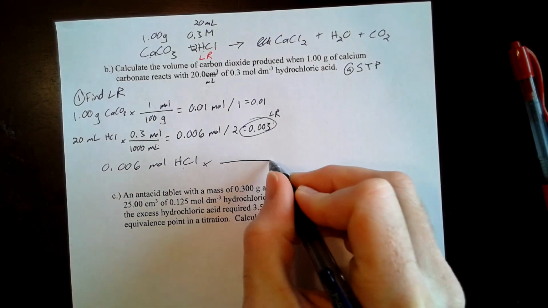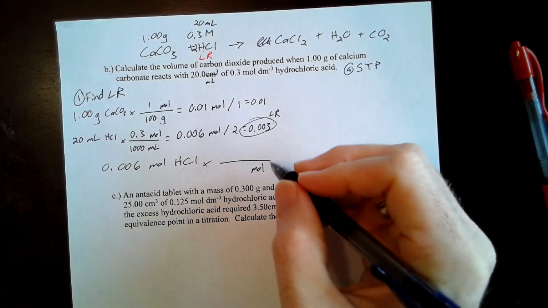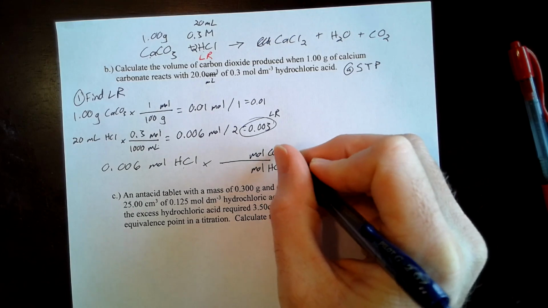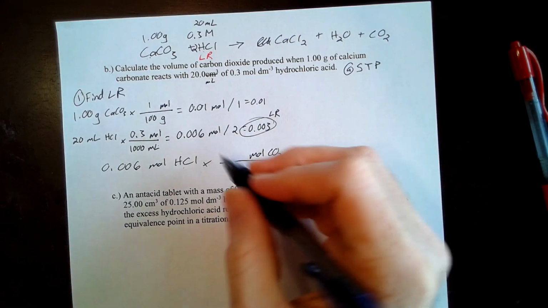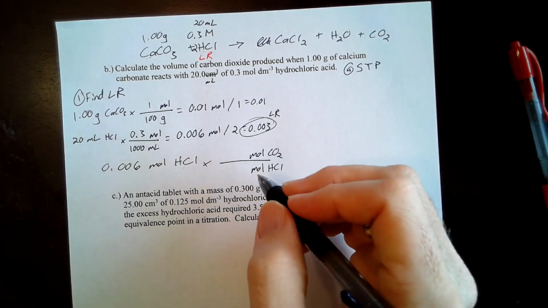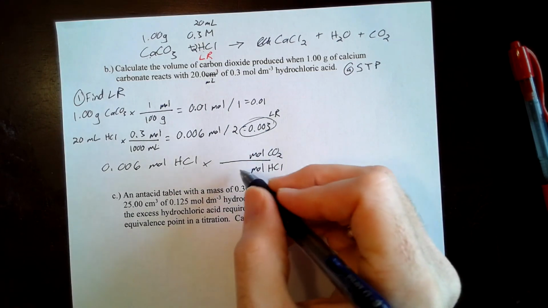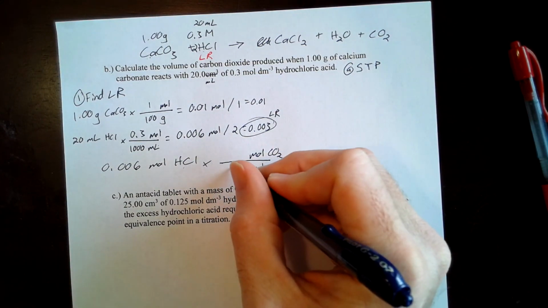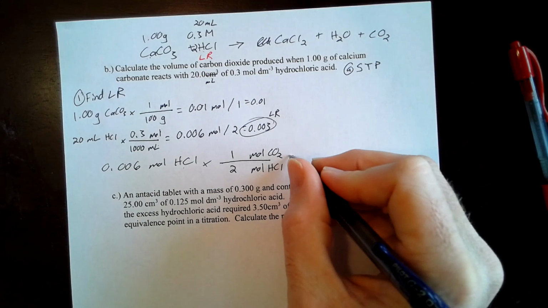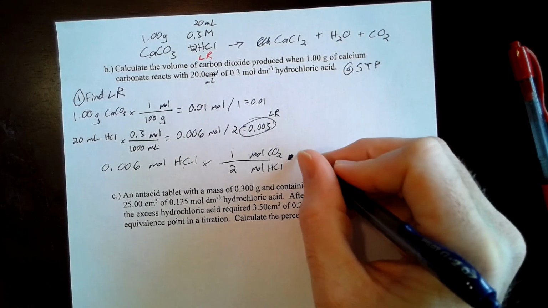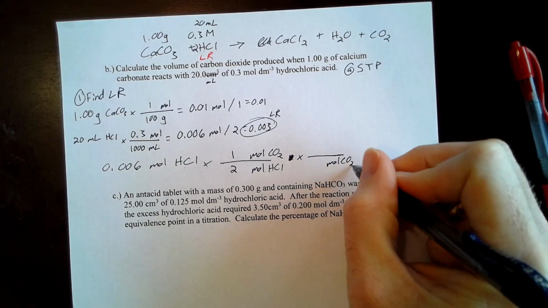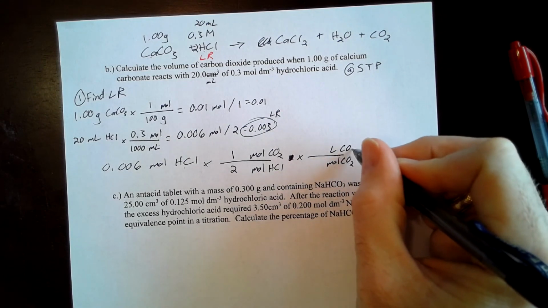Now let's see how many moles of CO2 were produced. We'll use that mole ratio right there, so we'll do 2 to 1. And then we will convert moles of CO2 into liters of CO2.